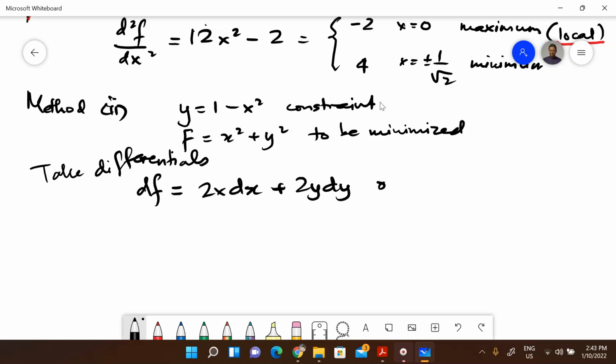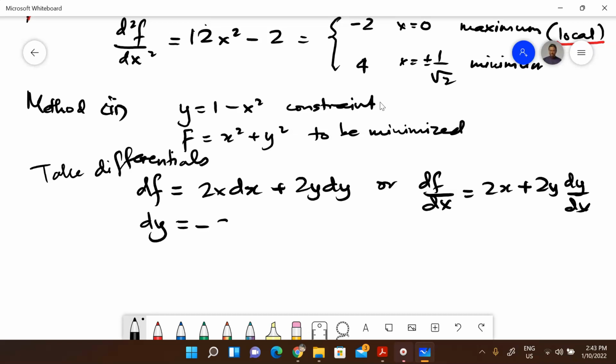Or in other words, one could write in terms of df/dx: 2x plus 2y dy/dx. And then the other equation that one needs to take the differential of is the one for y. So there, essentially we take dy equals minus 2x dx. And what one can do now is use this dy inside there.